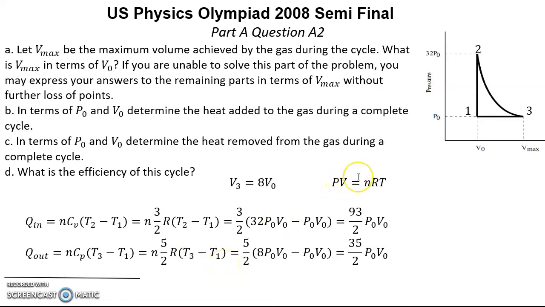Using the universal gas law, we can input P3 and V3, and P1 and V1, and that will be 8 P0 V0 minus P0 V0, and finally we get 35/2 P0 V0. That's our heat out. That's the answer for question C.